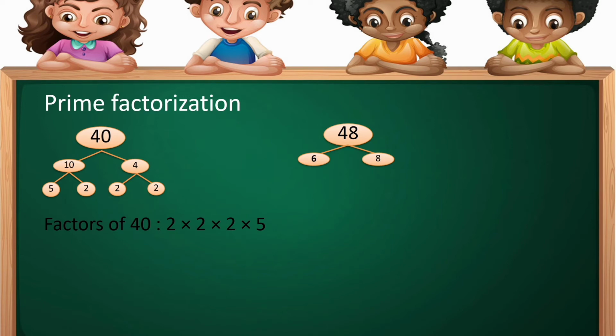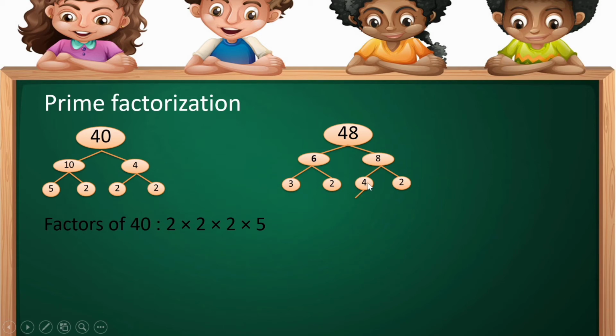We need to break the number 6 down because this is not yet a prime number. 3 times 2. And how about the number 8? 4 times 2. Prime number, prime number, prime number.